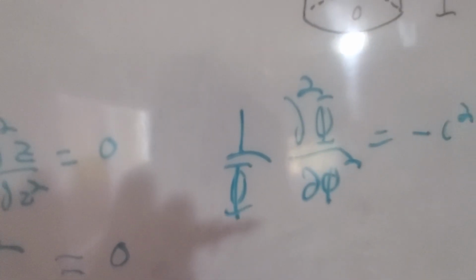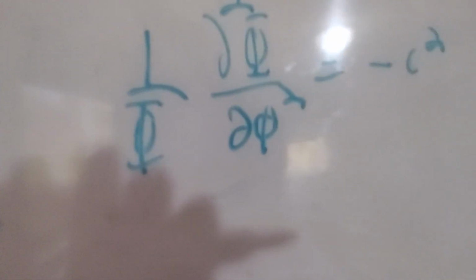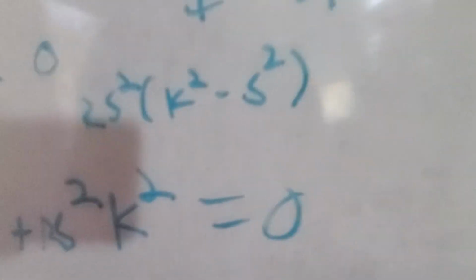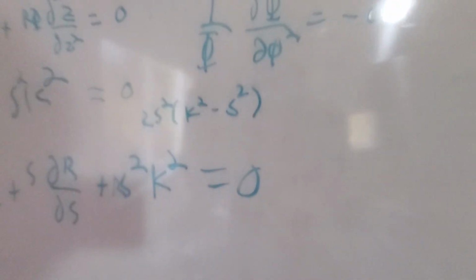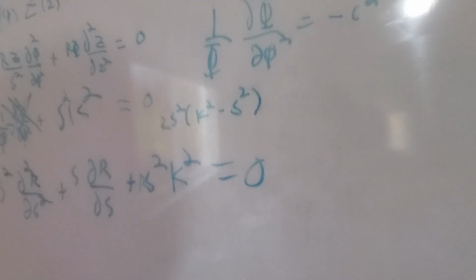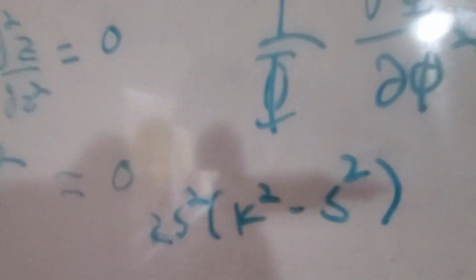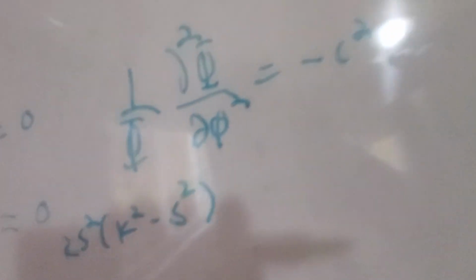That would mean that that negative c squared goes in there. So it's also multiplied by that r squared. So what we would have here, provided we had a phi term, was an r squared, k squared minus c squared. That's what we would have here. But we do not have that.